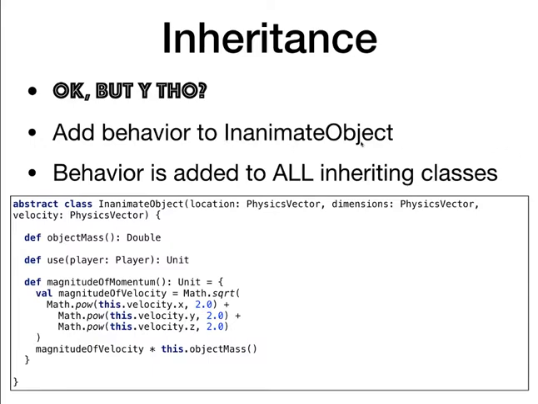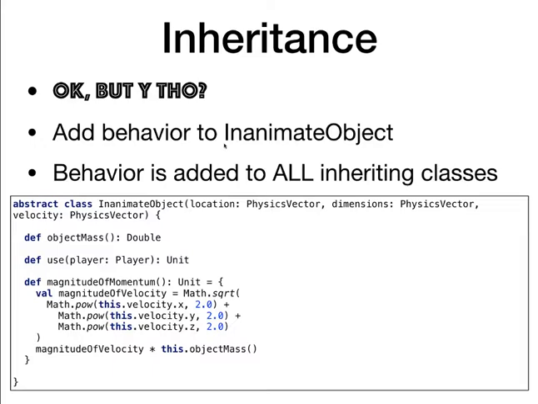One big thing is in inanimate object, all the extending classes are going to inherit all of that state and behavior. So if there's some behavior that we want to add to every single inanimate object, we're going to put that behavior in the inanimate object class.